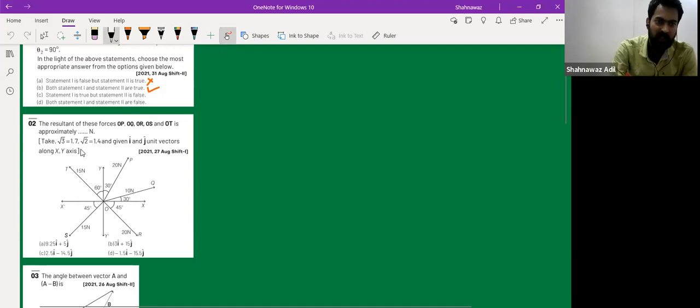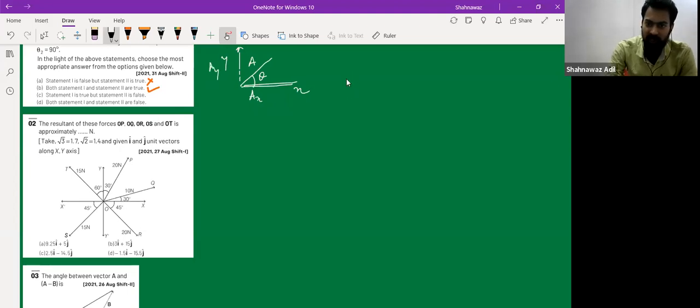Okay, so before I do that, let us recap. As Madiha was telling, this is A, and let's say you have the X and Y direction. So let's say this is a vector. This would be ax, and this would be ay.